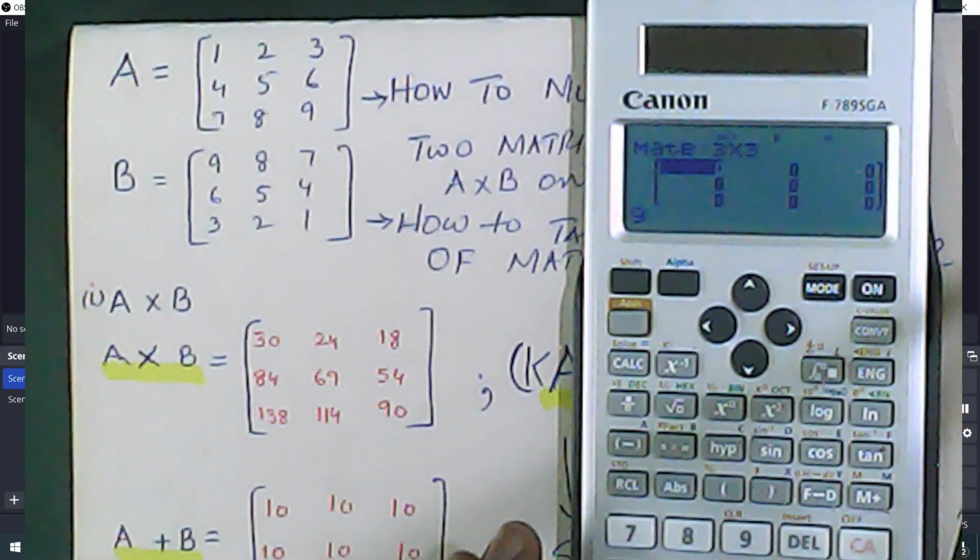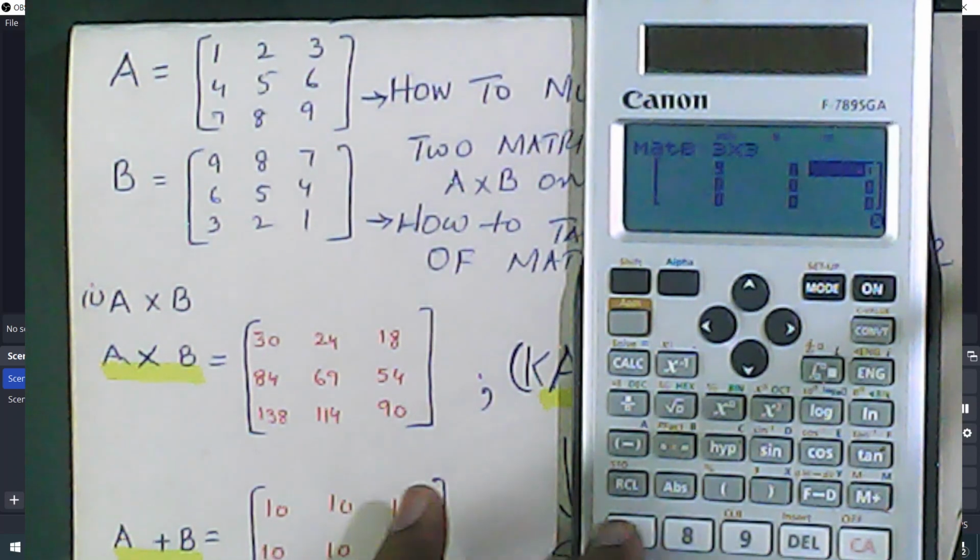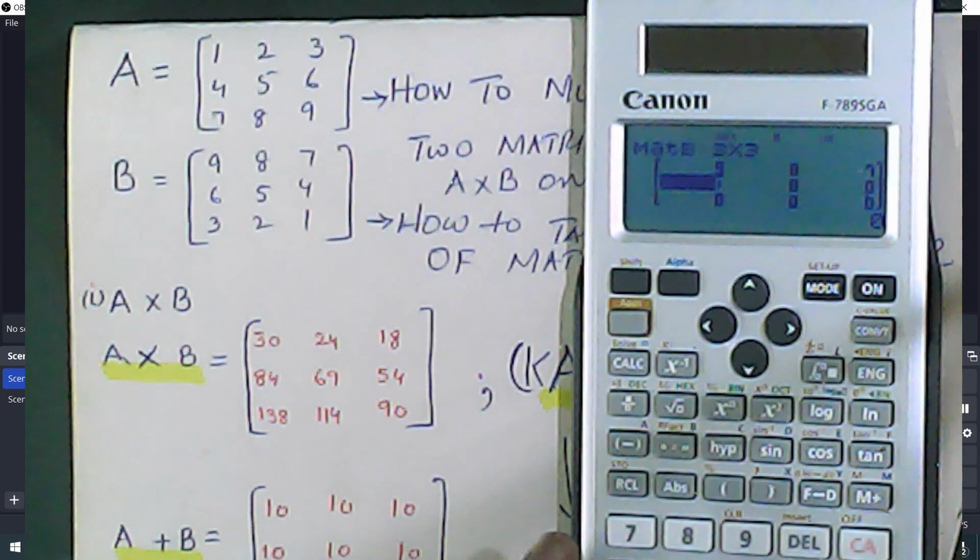So I enter 9, then press equal, 8, then 7, then 6, then 5, 4, then 3, then 2, and then 1.